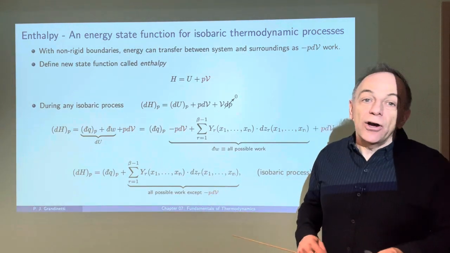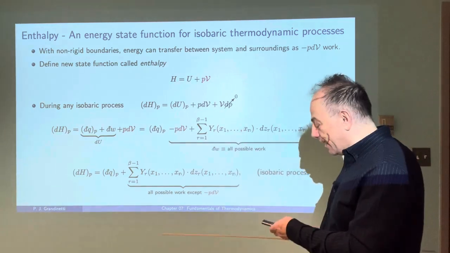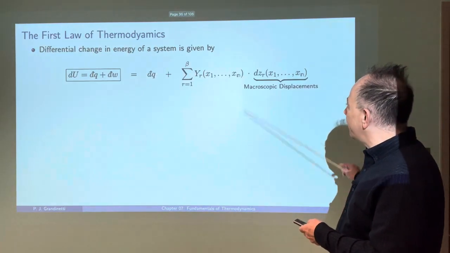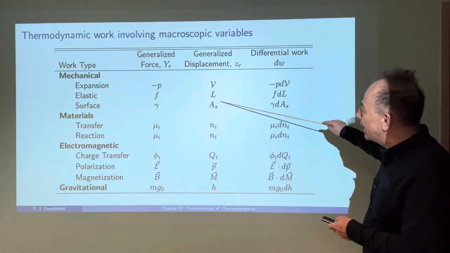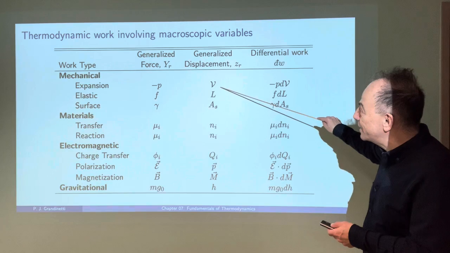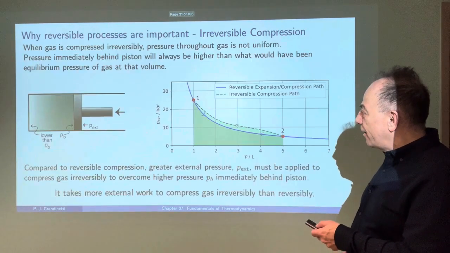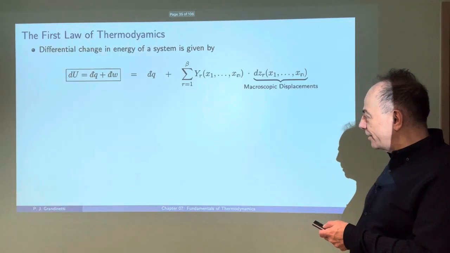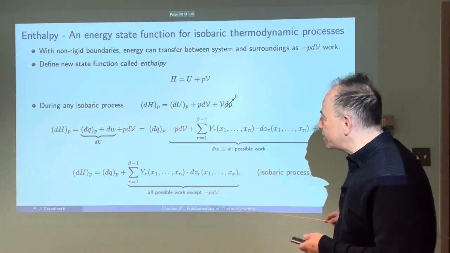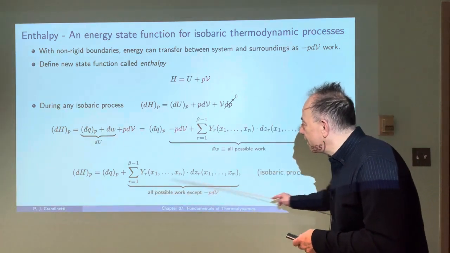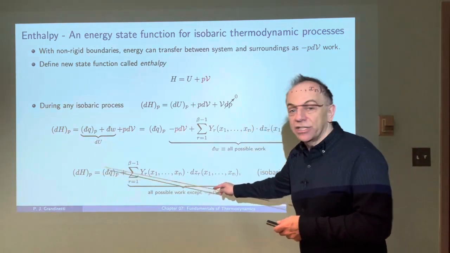PdV work. So if PdV work is the only work that can possibly happen, so you've already eliminated, go back to my slide here, all these other possible displacements, and PdV is the only thing that you allow, then under a constant pressure condition, if you get rid of all the other displacements, then dH is equal to just dQ.